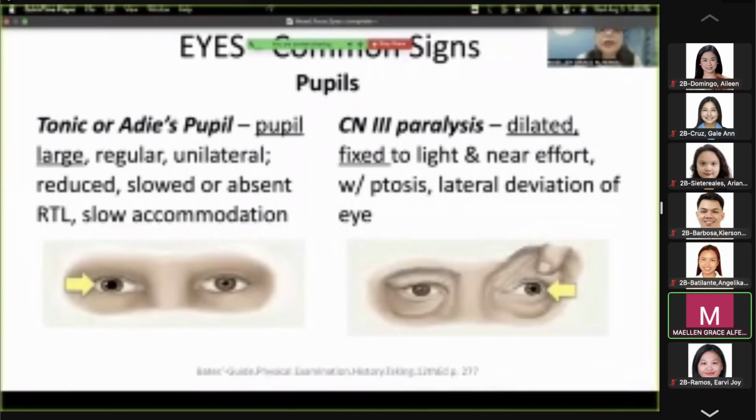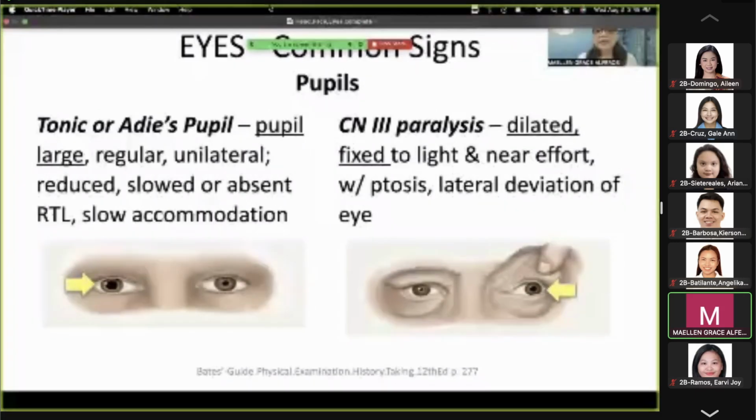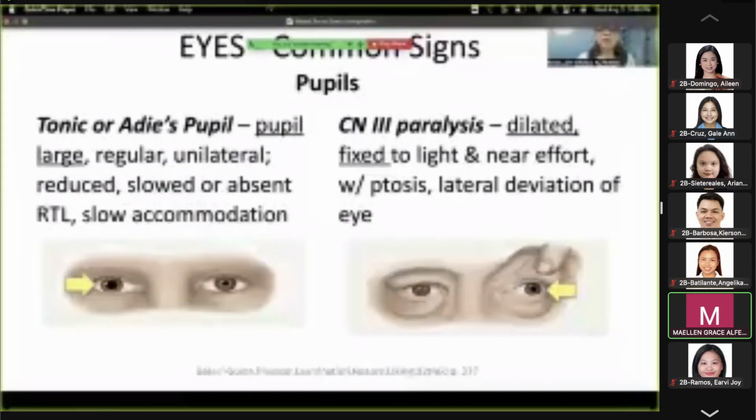Now, we proceed to the pupils. The pupils can be dilated or big, or constricted or small. So we have here two dilated pupils.